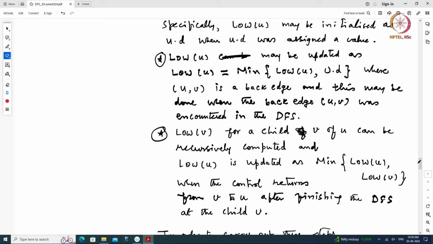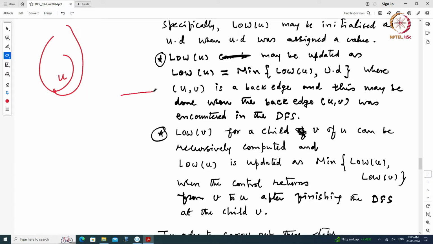So, low u is nothing but the minimum of low u and v dot d, where u v is a back edge going from u, because from u with no tree edge and one back edge, that means, let u be the vertex, with no tree edge and one back edge means from u you may have several back edges, each going to some vertex, and we are interested in the one that has got the minimum discovery time.